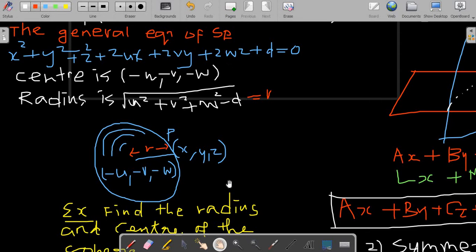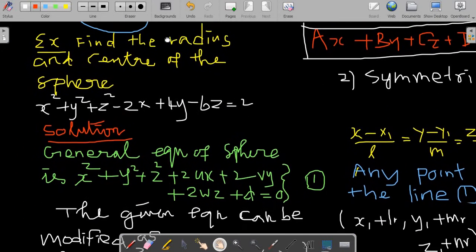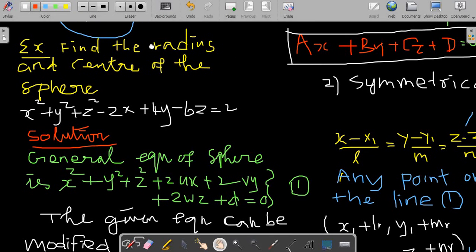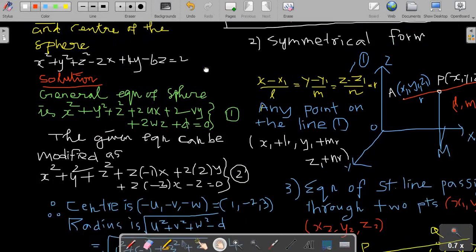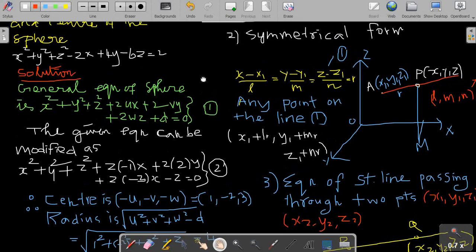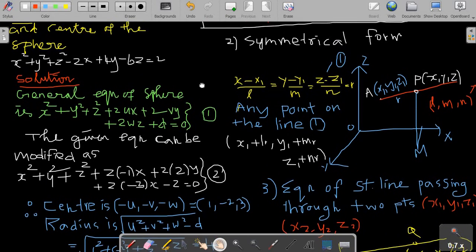Now let me take one problem, and then we will discuss that. I would like to take one problem. Let it come in a viewable space, then only it is easy to discuss. So the viewable space I will take there.